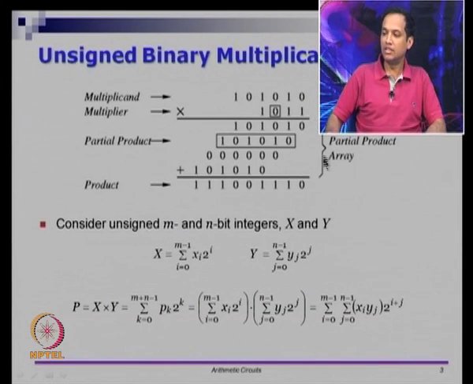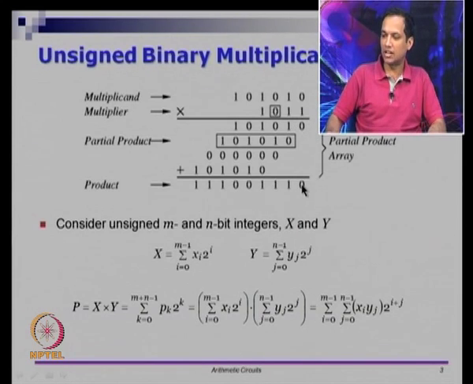We call these individual rows partial products and this whole thing is called a partial product array. So, we have an array of partial products, and once you have it, you do column wise addition, right.